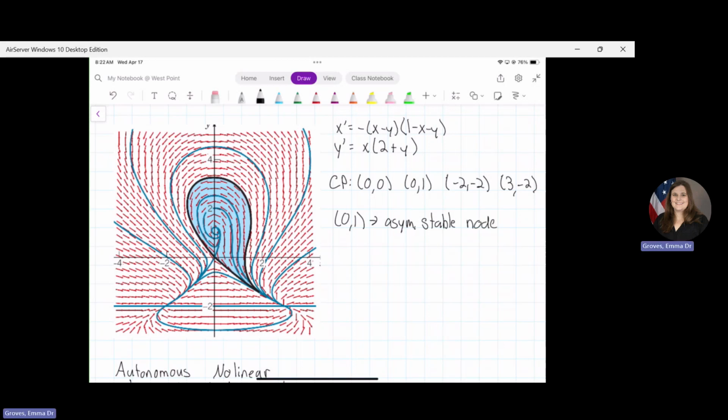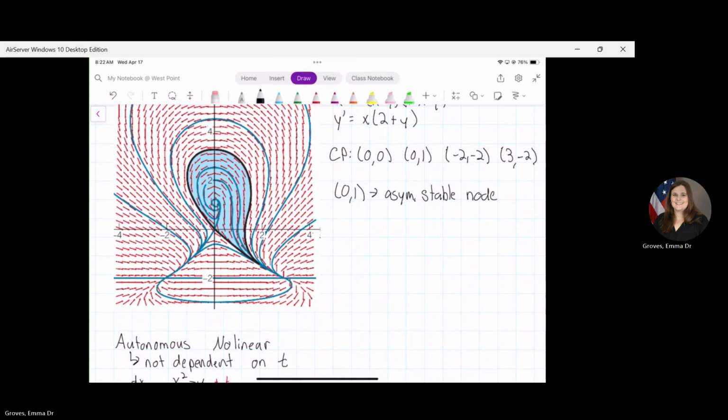So the natural question to ask ourselves is what initial conditions are going to lead us to a solution that is going to approach that critical point. If you are in this area where you are going to approach that critical point, if you start there, that is called your basin of attraction.